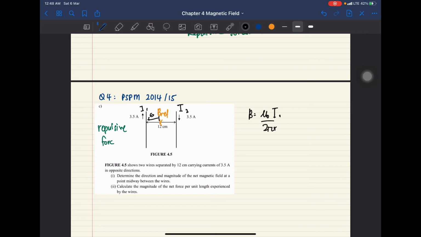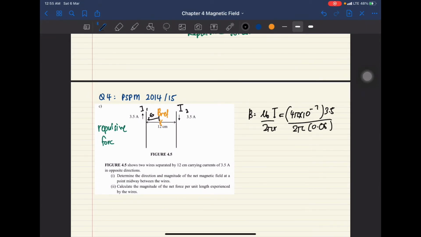Okay, so if I substitute into my equation here, I will get 4 pi times 10 negative 7, my current is 3.5, divided by 2 pi times 0.06. Why do I change to SI unit? Because you have mu naught, which is actually a constant.